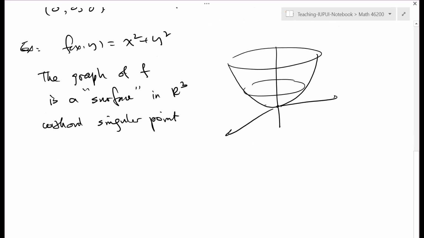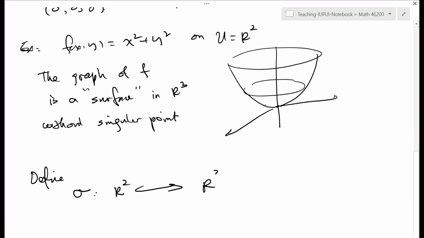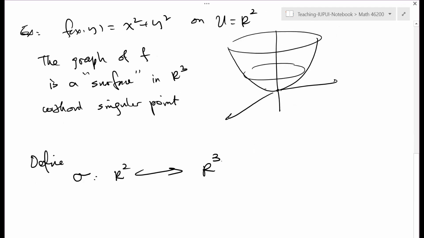I'm going to define a map. The domain is R2, so just use the same example. I define sigma from R2 to R3, which sends x and y to x, y and x squared plus y squared. This is a map.